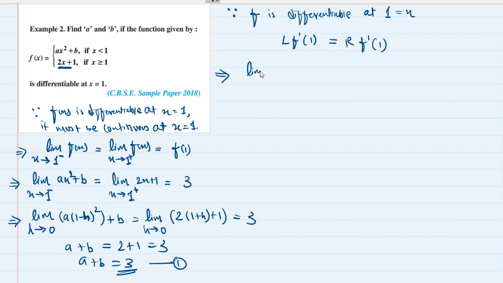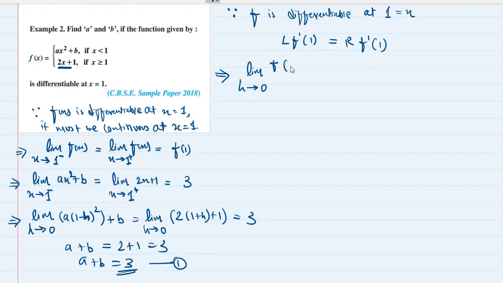Which implies that limit h tends to 0 of f of, now see, for the left hand derivative we are approaching 1 from the left side. What is the formula for the left hand derivative?